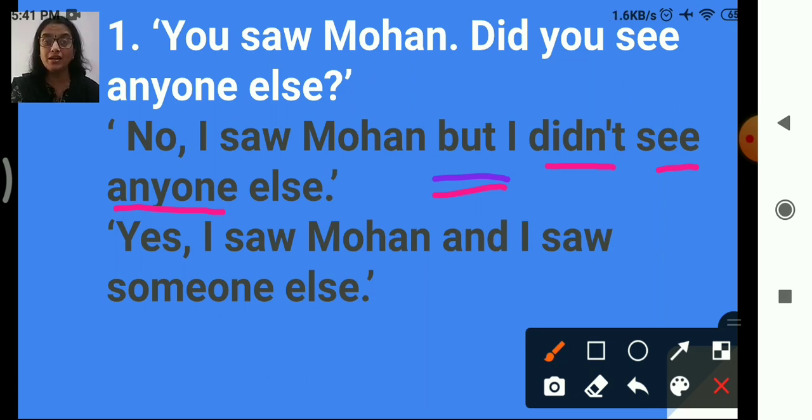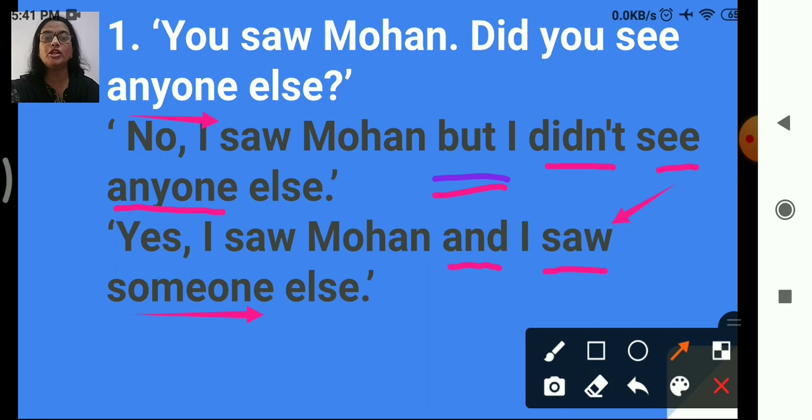Yes, comma, I saw Mohan and, now instead of but what is used here? And I saw. Okay, can you see here? See has changed into saw. So past tense is used here and anything, anyone. Anyone will change into someone. Followed? Here you can see anyone.